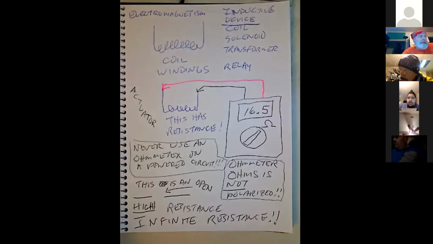Well, if we study the Greek, we know that infinite means it's a number so big we can't even count it. And now, if there's infinite resistance, how much current are we going to have? None. In fact, that might be how they're checking to see if it has an open. I'll bet you it is.